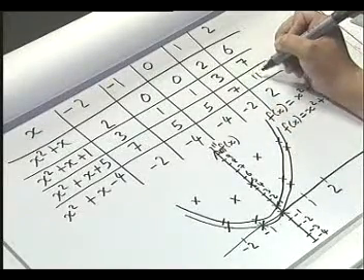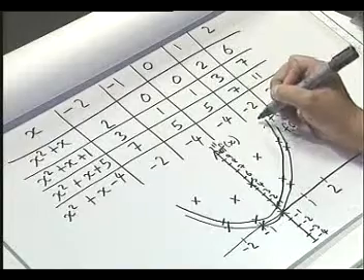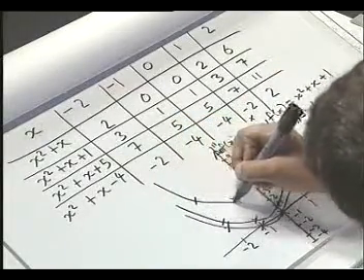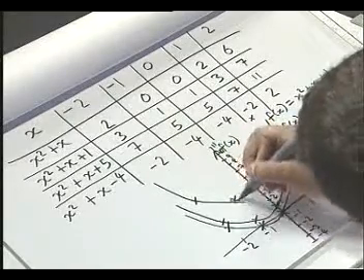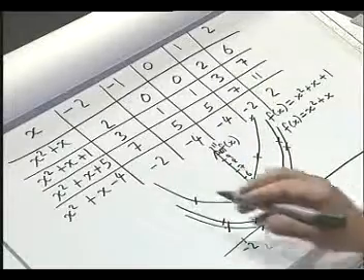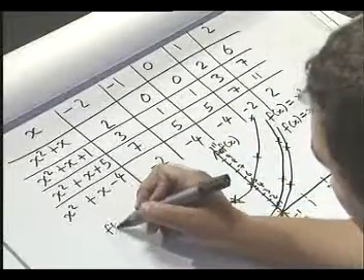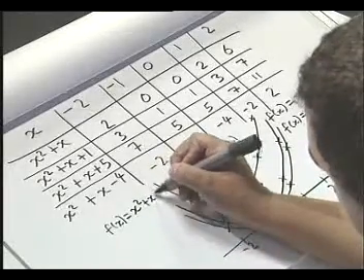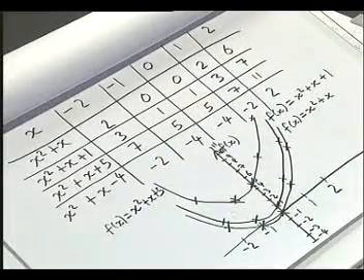And 2 and 11. So if we draw a smooth curve through these points, see that gives us a parabola, and this is f of x equals x squared plus x plus 5.